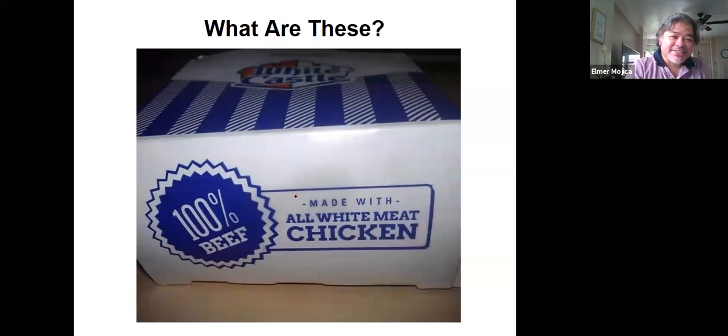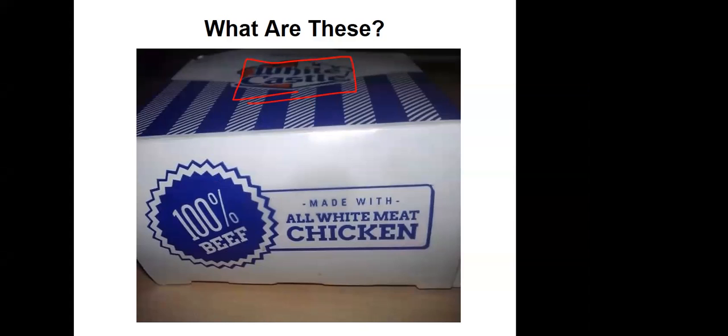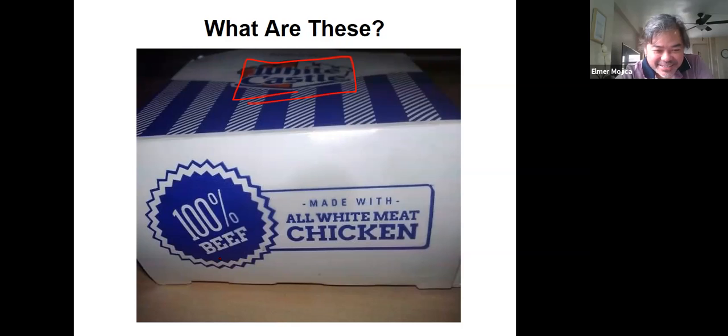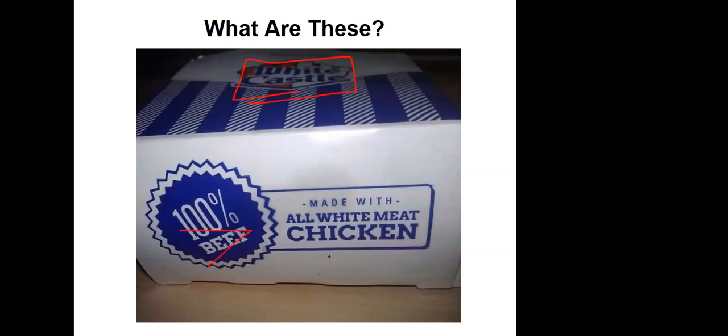It's from White Castle. What's the problem with this one? It says 100% beef, but it also says all white meat chicken. They cannot decide whether it is beef or chicken.